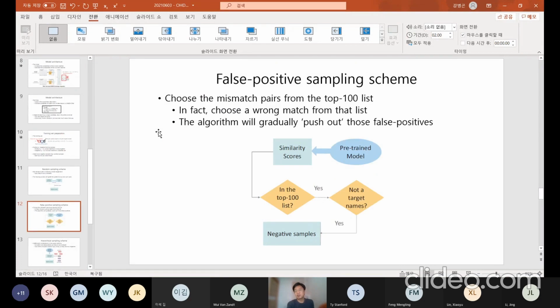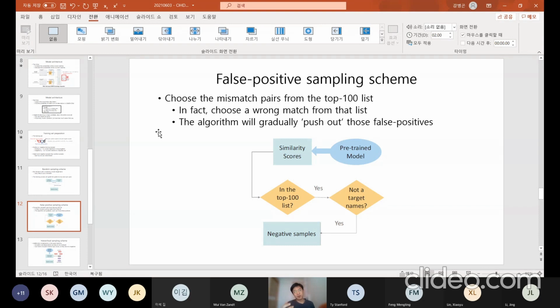Another scheme is what we call the false positive sampling scheme. This one is based on the feedback from a pre-trained model. So we come up with a very rudimentary form of the mapping model, maybe a model that we trained during the earlier iteration of the training phase. Based on that, we can compute an intermediary similarity score, or some kind of intermediary mapping result.